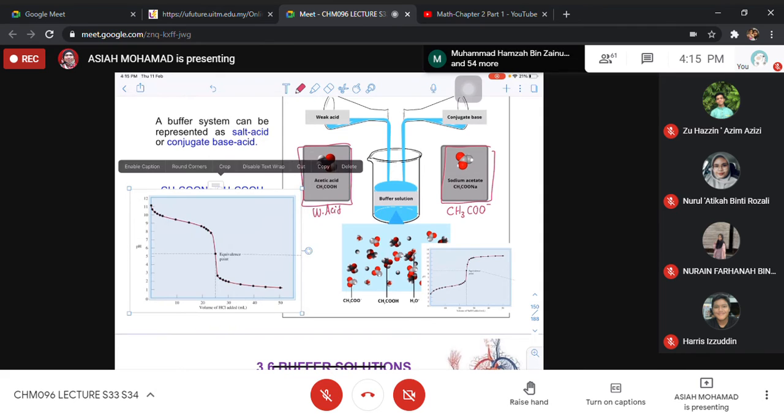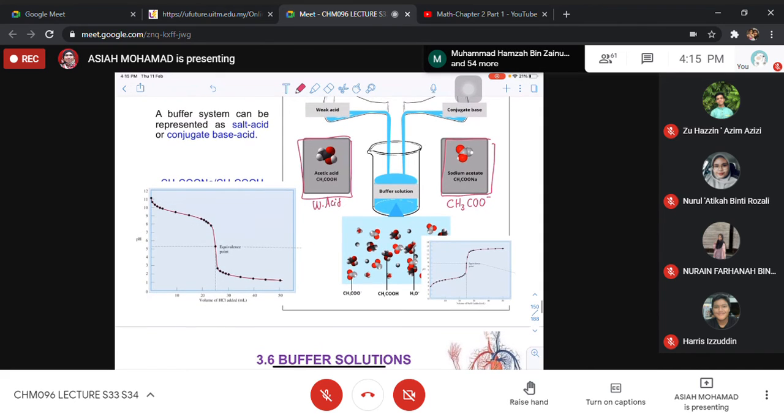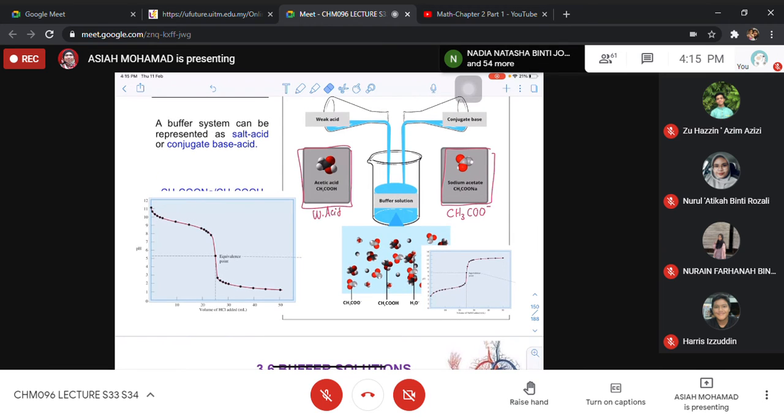There is a point in the titration where you are asked, or you need to determine where is the buffer region. Okay, so either let's say kalau saya bulatkan, let's say dia adalah kat sini, atau dekat sini, atau dekat sini. Okay, kalau saya label katalah 1, 2, 3, determine where is the buffer region of this titration.